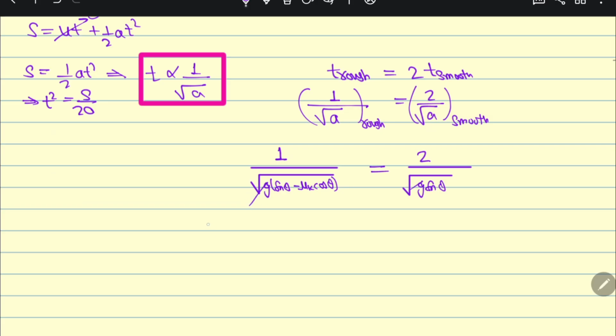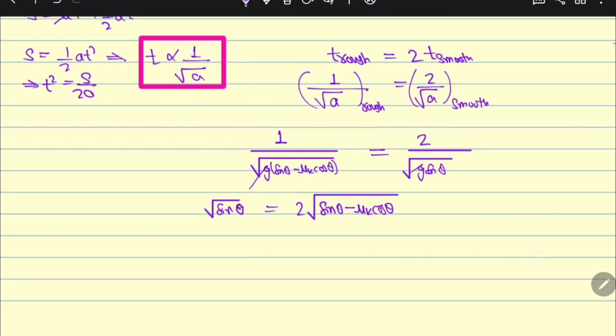Then I send this root, so sine theta is equal to 2 times sine theta minus mu k cos theta. Squaring both sides, so I get sine theta is equal to 4 times sine theta minus mu k cos theta, right?